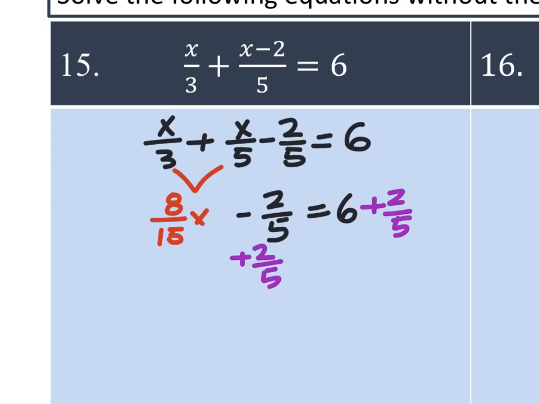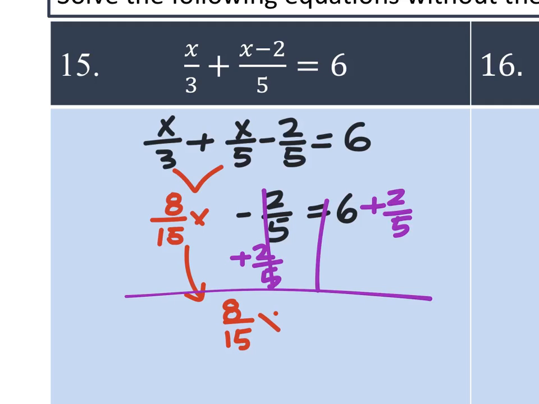And again, I would just go with the calculator to add that 6 and 2/5. So I got 8/15 of an x, which now equals, I guess that'd be 32/5. Right there.